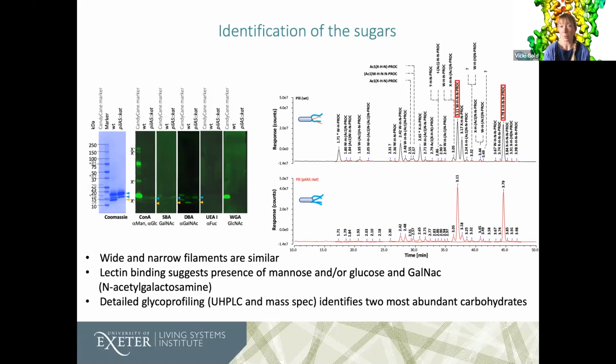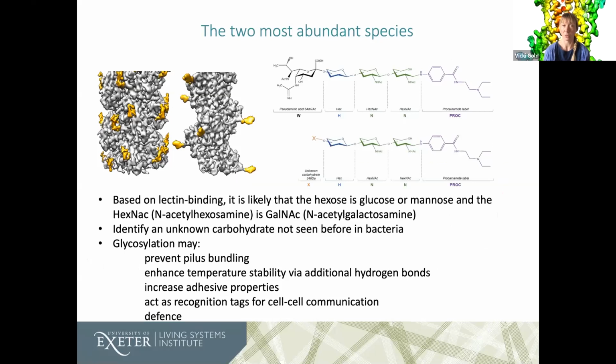And there were 2 peaks of 2 species, which are by far more abundant than any others. And the structures of those are shown here. So the PROC part we can ignore. This is a fluorescent part which is used for detection. But you can see here, these are likely to be the structures of the 2 sugars that constitute this glycosylation.